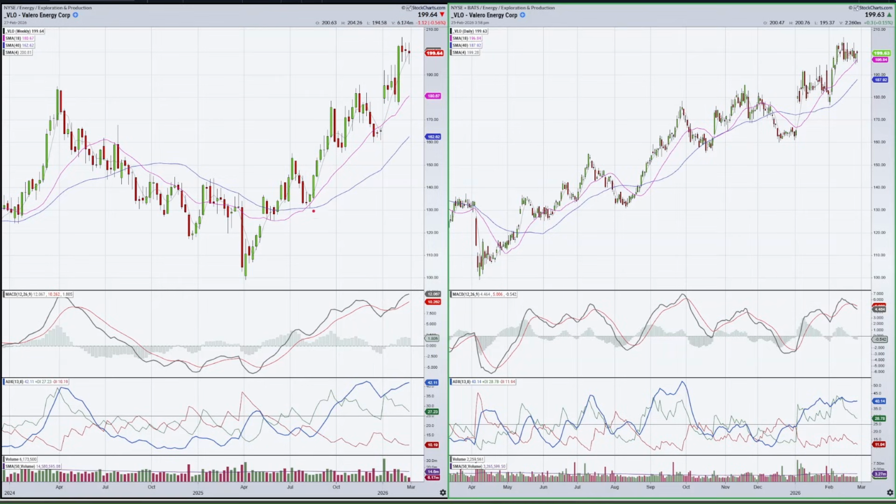It doesn't mean that it couldn't be played, but it's going to be a lot more complex if it rolls through the signal line here. Now, when it's close to the zero line, all right, you could break this and turn it into a zero line reversal. But for this specific pattern, we are looking for when the MACD holds the signal line. All right, so that's kind of point number 2 that's key.